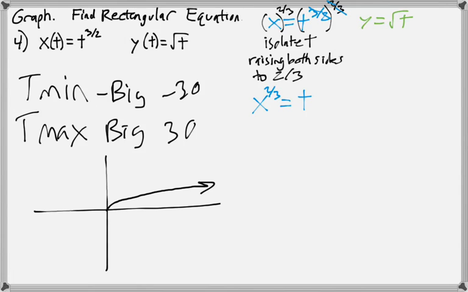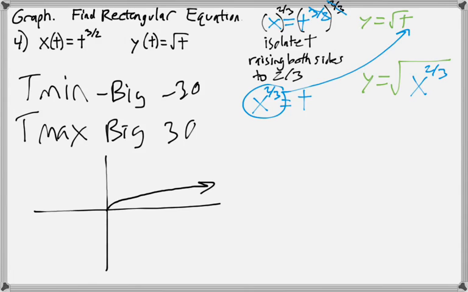So now here I'm going to substitute this into the other equation, now that I've isolated for t. So I have y is equal to square root of x to the 2/3.